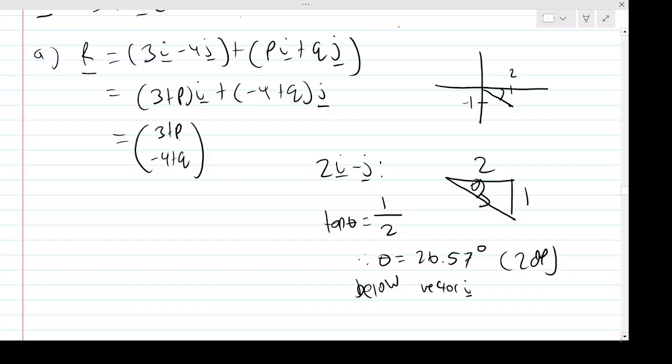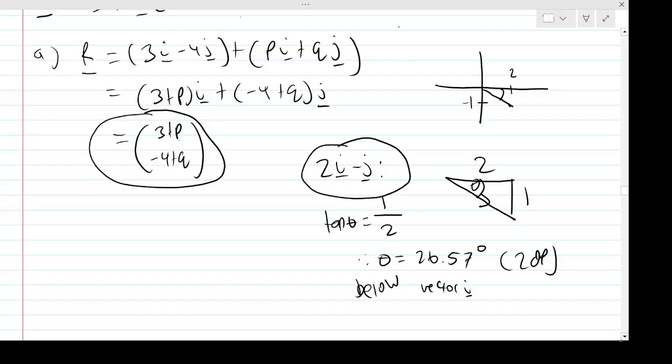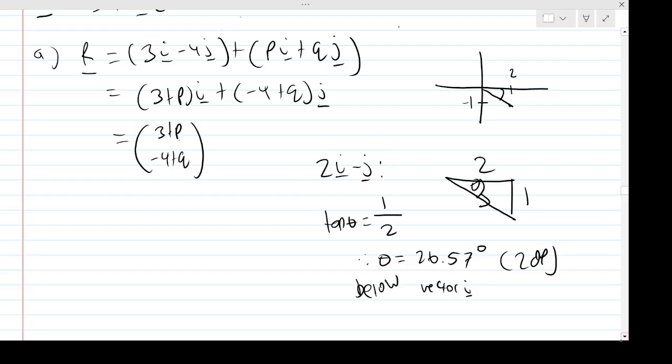So because this vector 2i minus j is parallel to this resultant vector r here, they both have the same direction. Meaning if the angle of this vector is this theta, 26.57, then it has to be the same angle here, because the direction has to be the same, and the direction is the angle. Because they're parallel, both angles they make have to be the same.